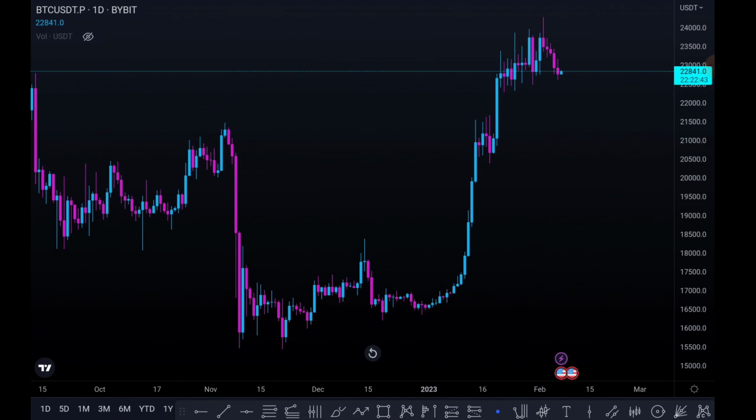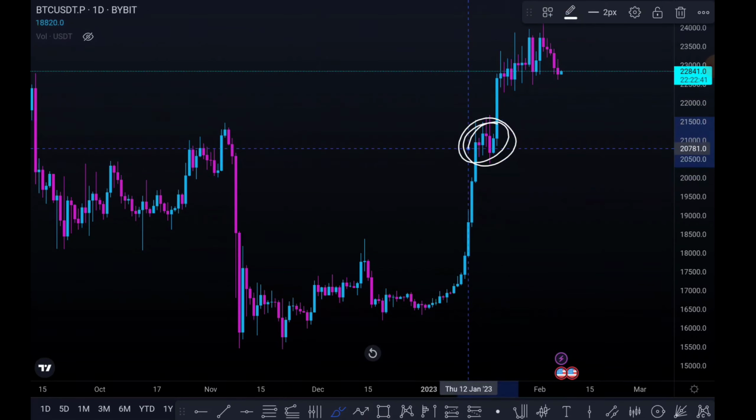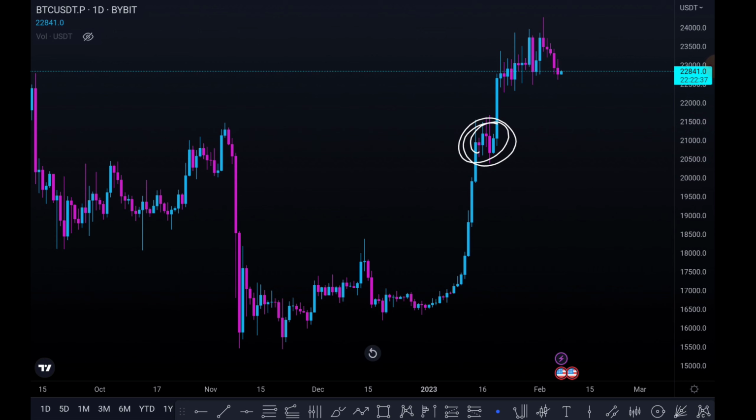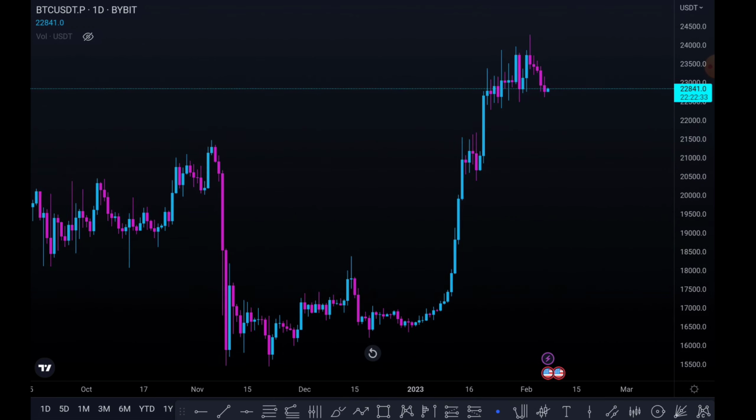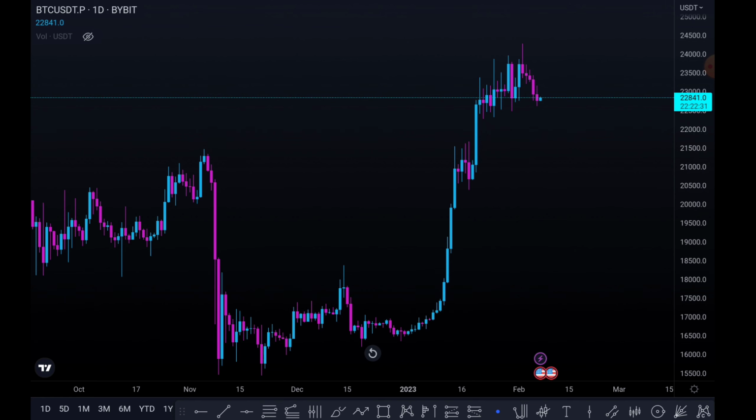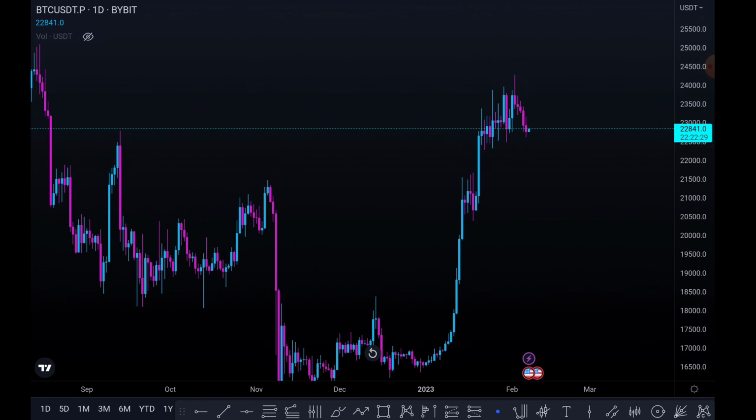However, I took some trades around this region, and it made sense, but I got stopped out and took two consecutive losses here that I recovered in these ranges, in this potential distribution range.